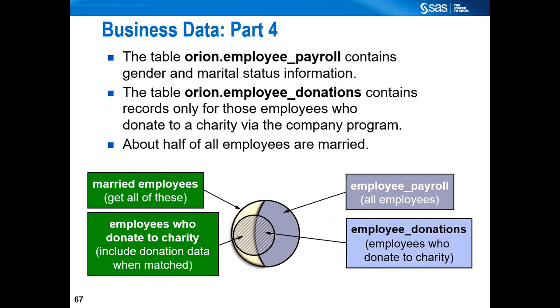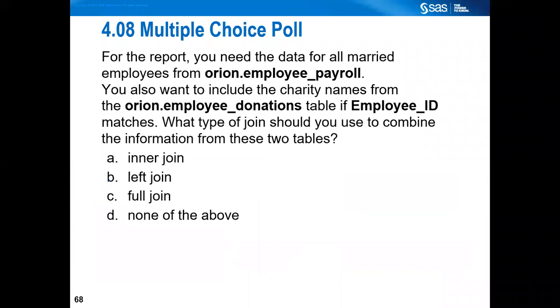You need information from that completely, right? In this option, they have given inner, left, full, none of the above. Left join. If you write your donations as your first table, and then you write your payroll as second table, then it will be a left join. Got it now? Yeah.